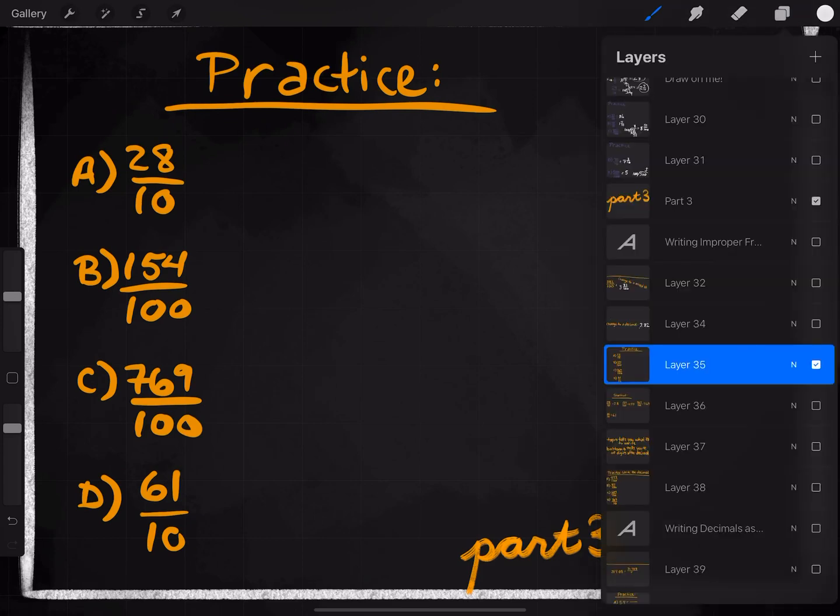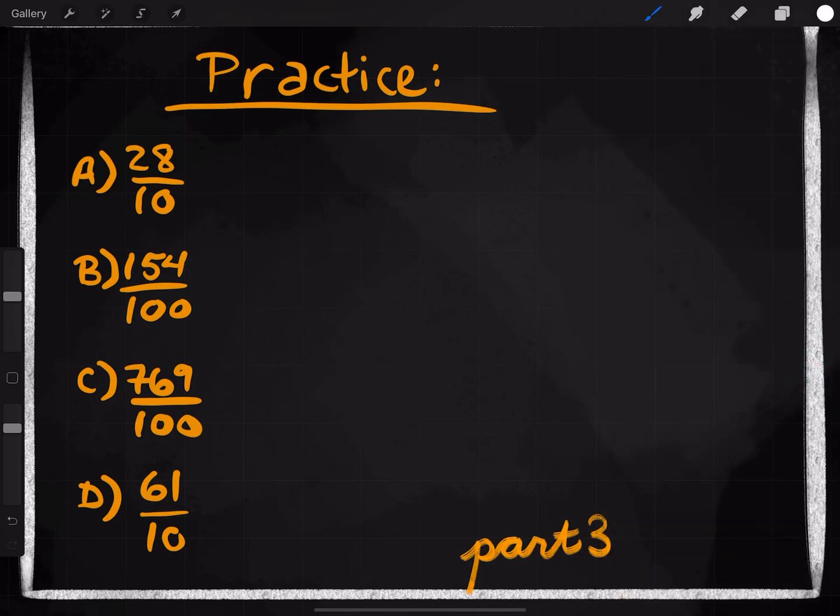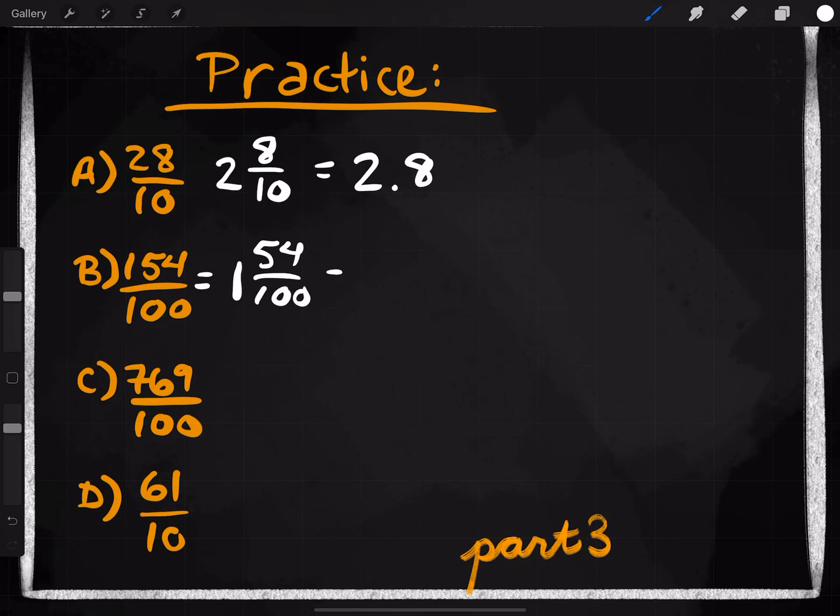Okay, hopefully you have had time to try this. So here we would get 2 and 8/10, or 2.8. Okay, and this one, get 1 and 54 100ths, or 1.54.